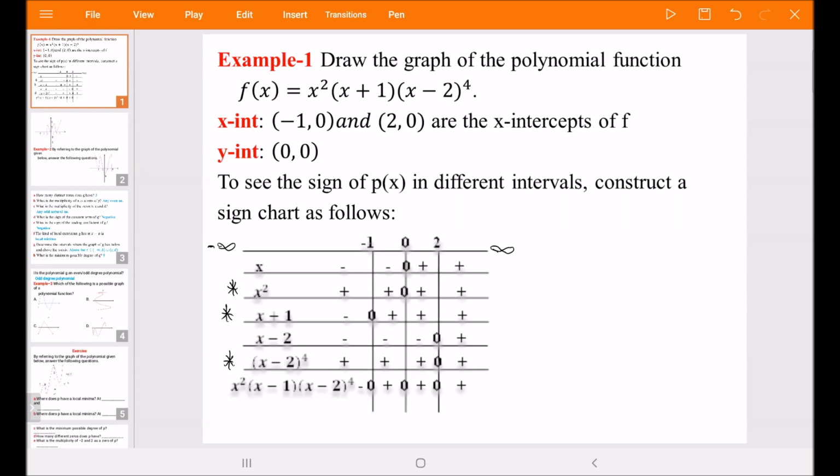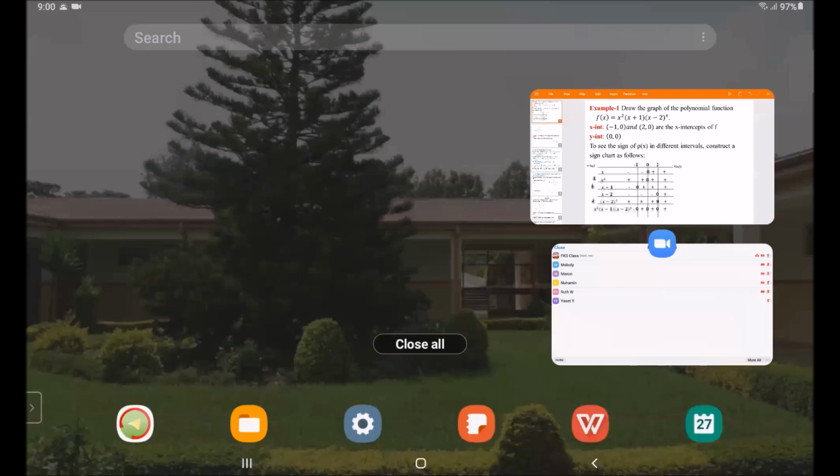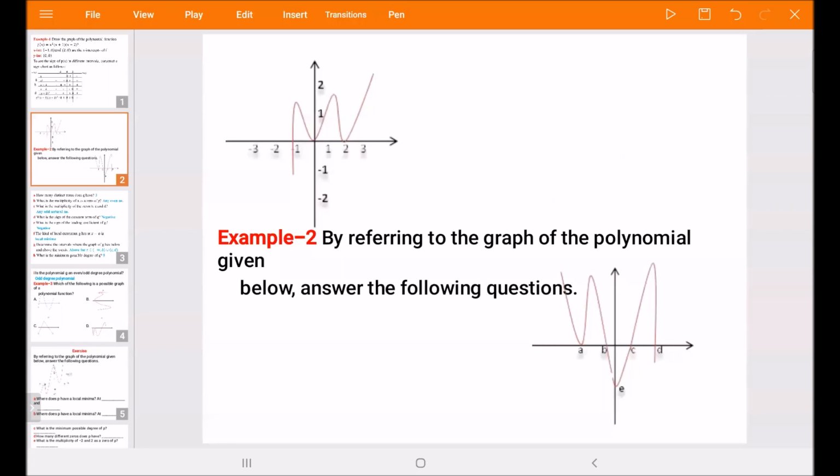You have to mark on the xy coordinate plane the points at which the graph of f of x crosses the x-axis and the y-axis. Therefore, -1, 0, 2. Then you can depend on the last row of the same chart to sketch the graph of this polynomial. Now for values less than -1, the graph of f of x is negative.